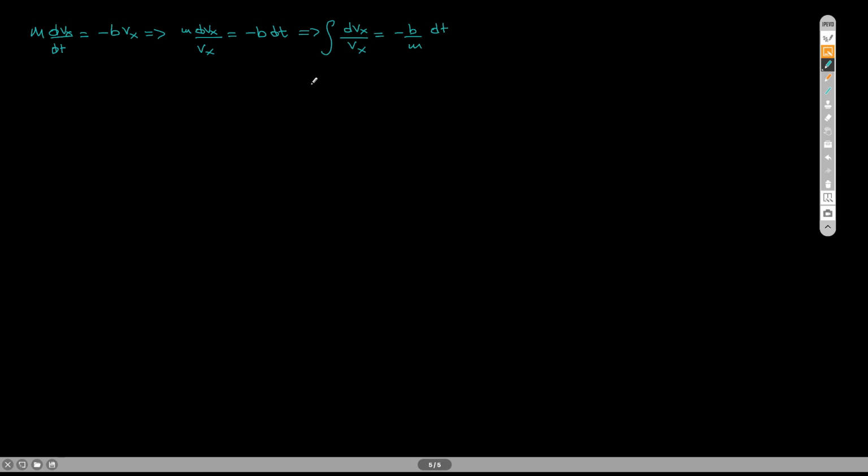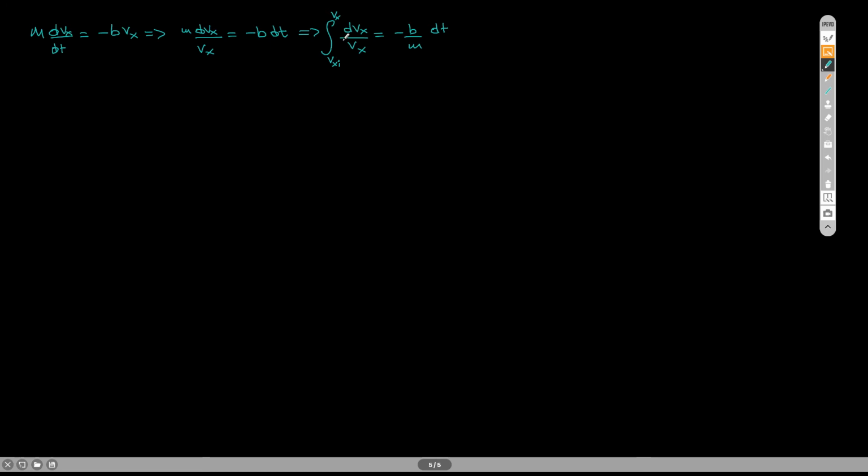Now, for the limits of integration, I will just use a variable. I don't know what will be the Vx initial. I will just say whatever it is, that's what it is, and the symbol I'm going to use is Vx initial. And for final, I'm going to have Vx.